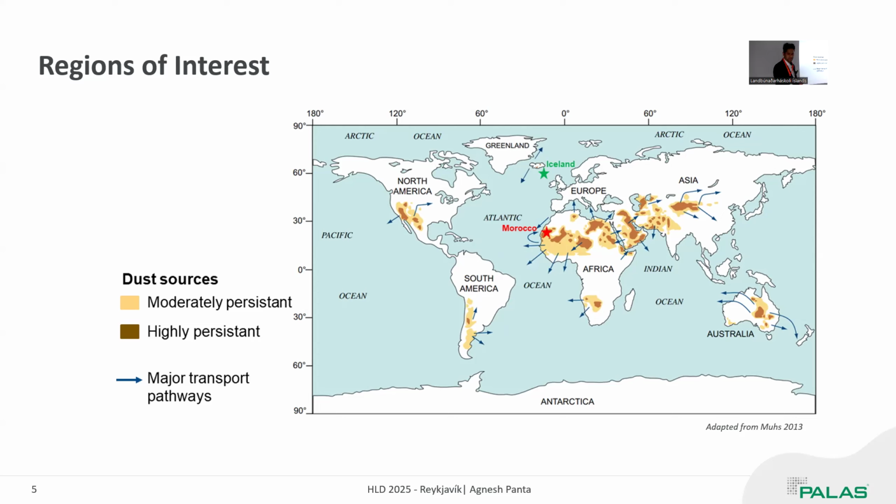You see the major pathways, and even the Icelandic dust, which previously was not shown in these kinds of plots, is now gaining more and more traction. And you also see the Iceland high-latitude regions in the global dust cycle.